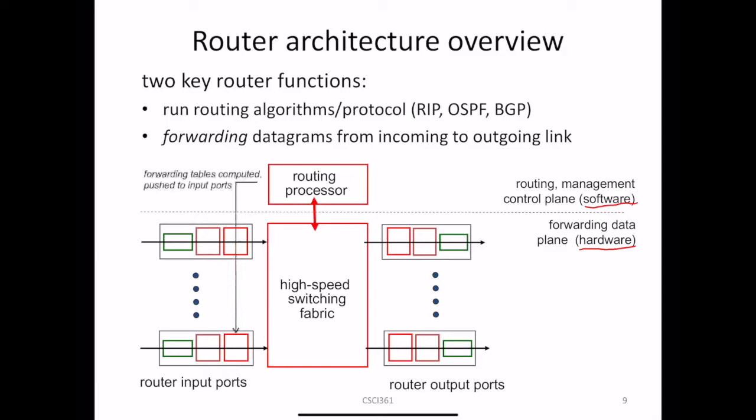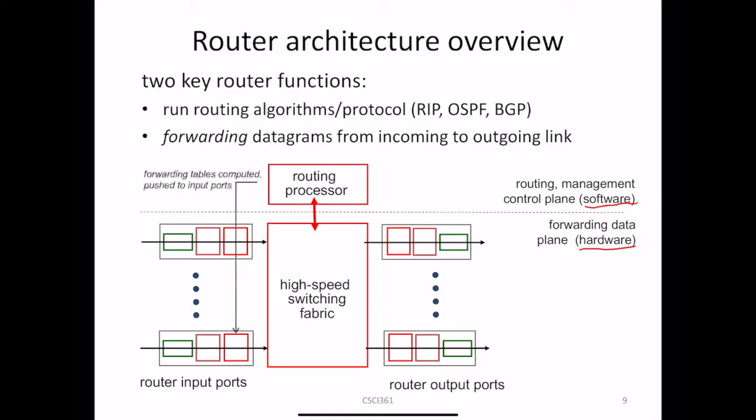After the routing processor runs the routing algorithms, it will deliver a copy of the local forwarding table to each router input port.